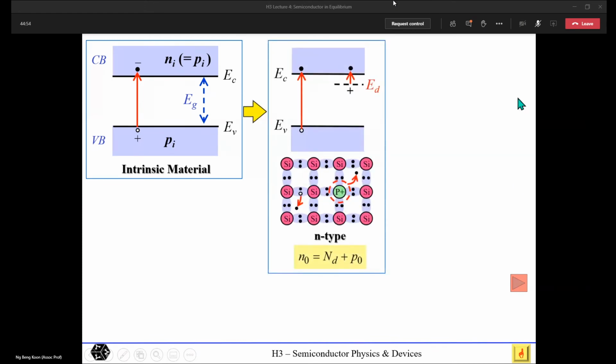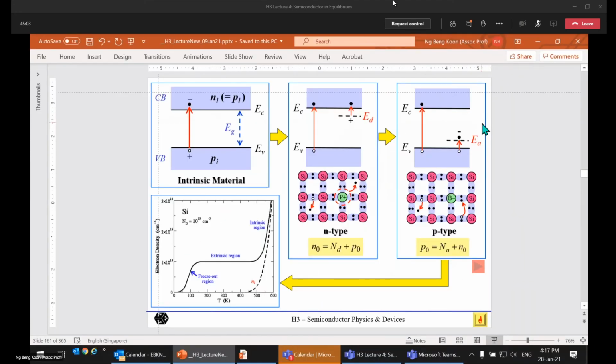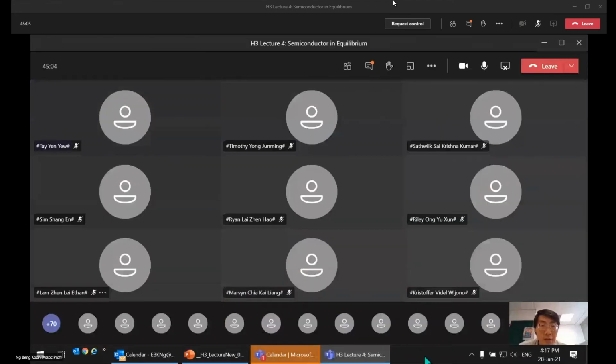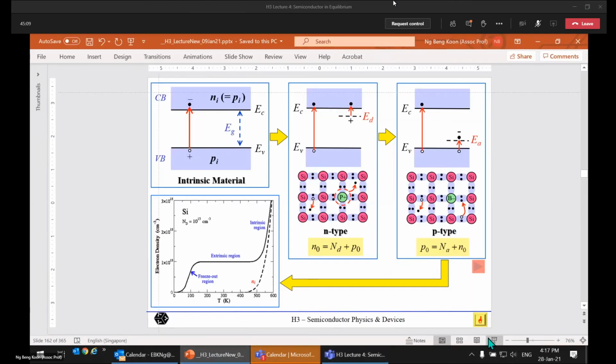Of course, by itself, this pure semiconductor is... Anyone got a question? No? Okay.